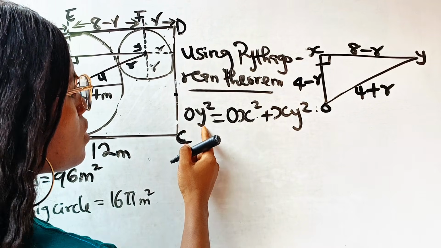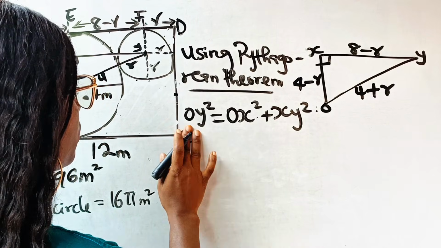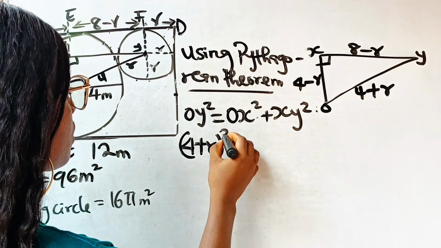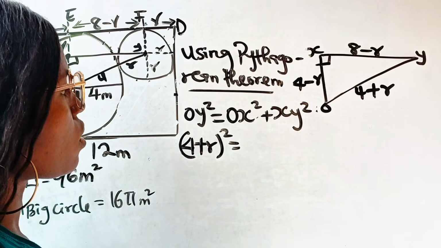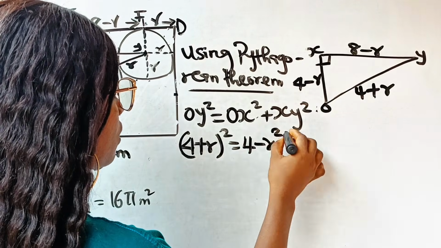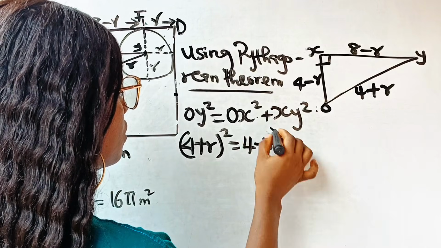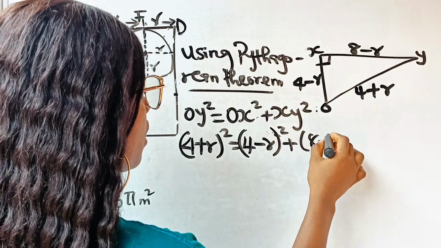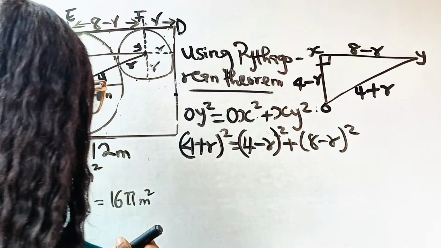Now OY squared is (4 plus R) squared. So we have (4 plus R) squared should be equal to (4 minus R) squared plus XY squared, (8 minus R) squared.